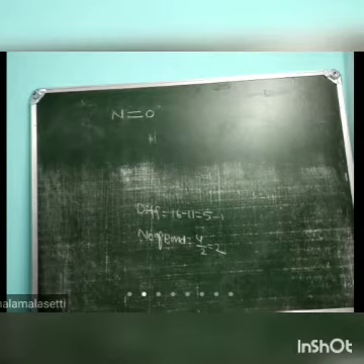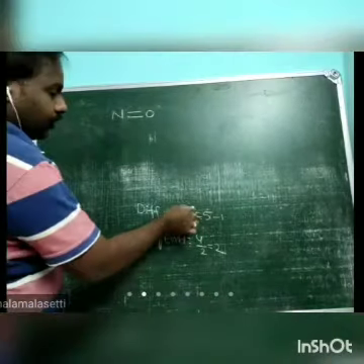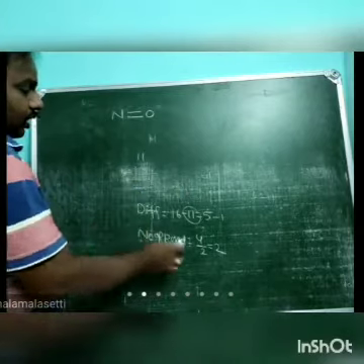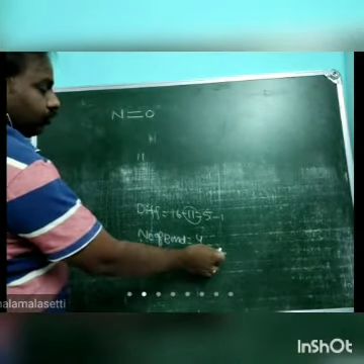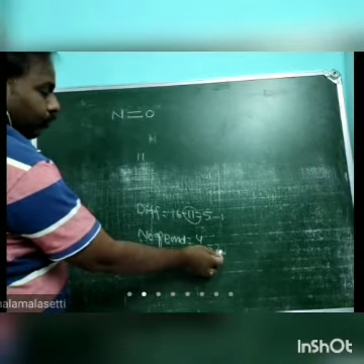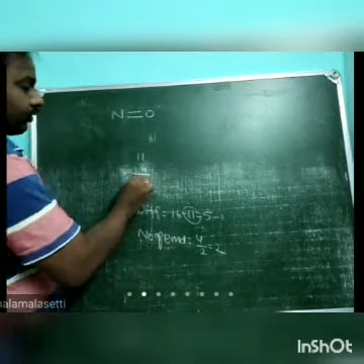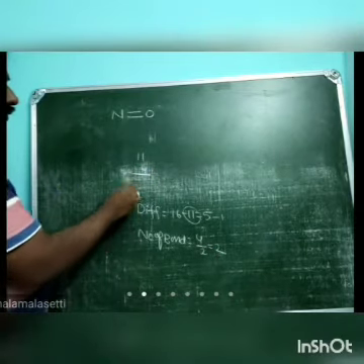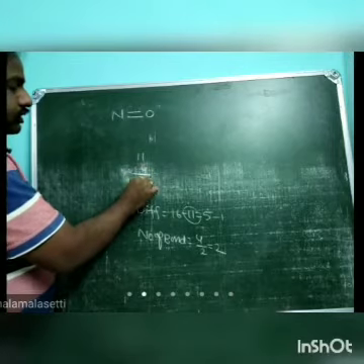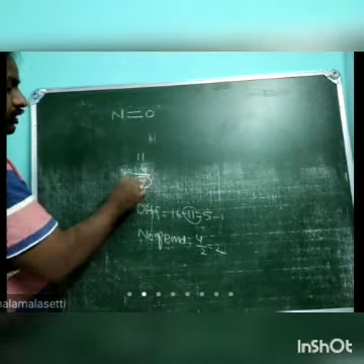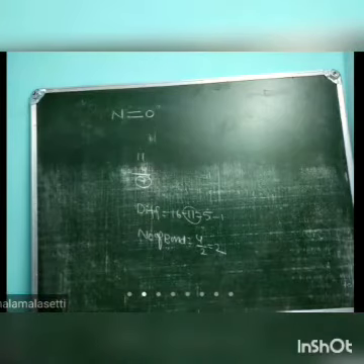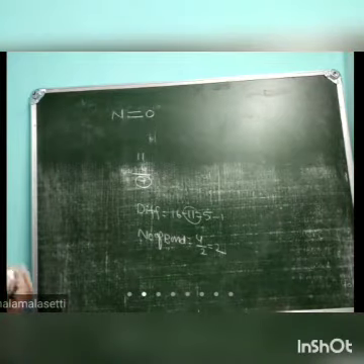Total number of electrons is 11. Out of 11, 2 bond pairs are 4 electrons. So 11 minus 4 is 7. By using these 7 electrons, we have to complete the octet.